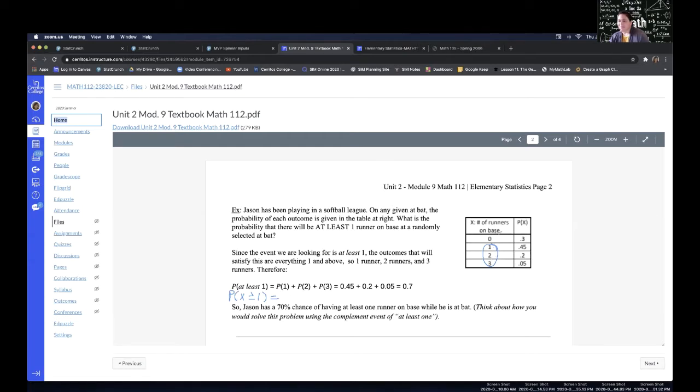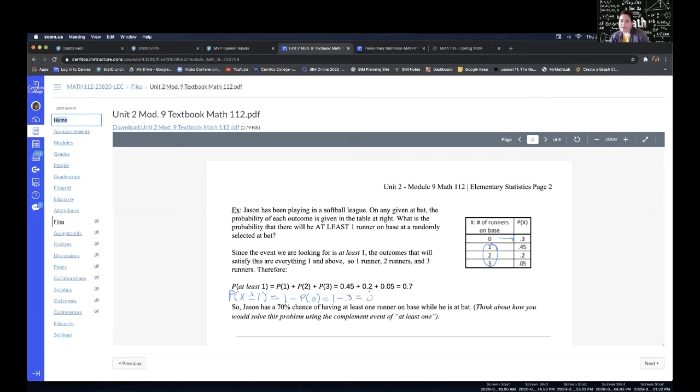I saw, well, 0 has a probability of 30%, right? So it's going to be 1 minus the probability of 0 happening. And so that's going to be 1 minus 0.3, which ends up with the 0.7 as well.